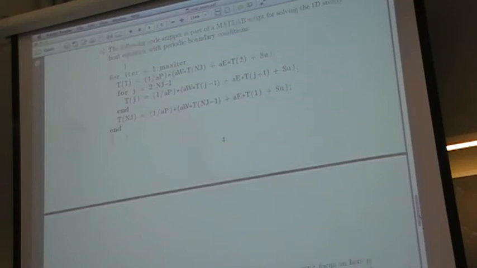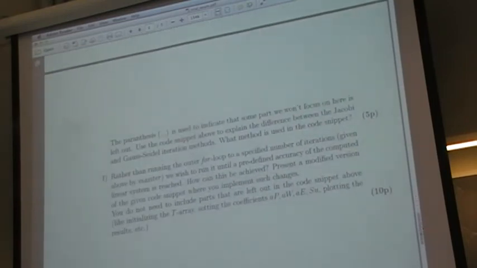And the next one is you are asked to implement, instead of the maximum iteration, a convergence criterion.